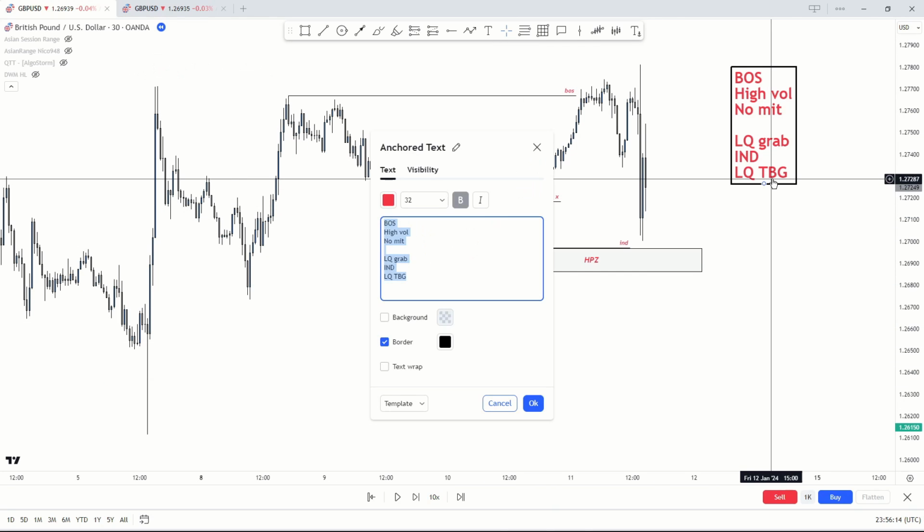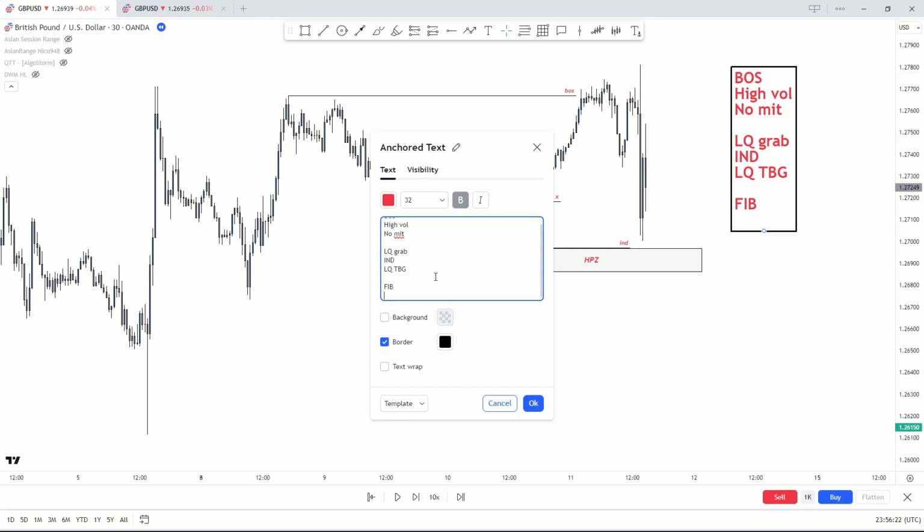Not only that, but we also have the additional rules of confluence coming into play over here. So we have the Fibonacci, and we also have bullish order flow. Right?